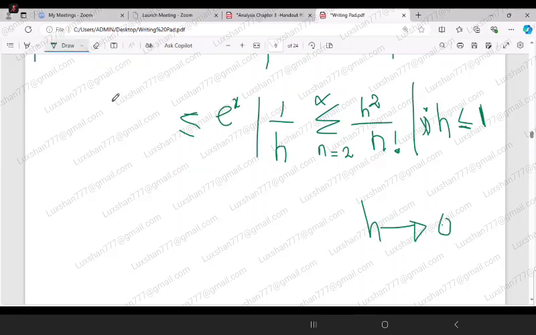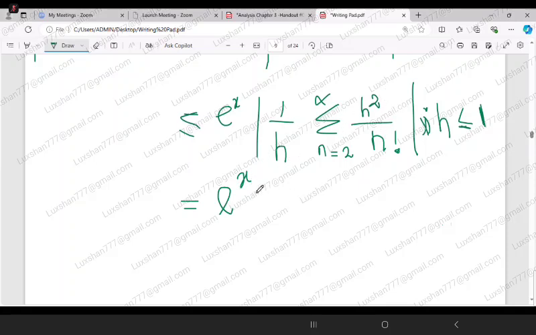Okay, now this is less than or equal to h squared. Now what? This is equal to e to the power x. H squared cancels.